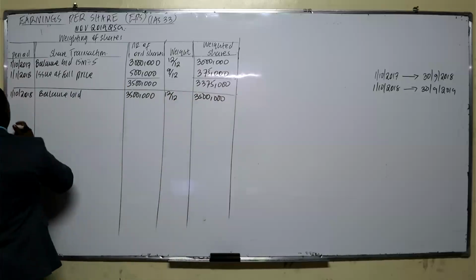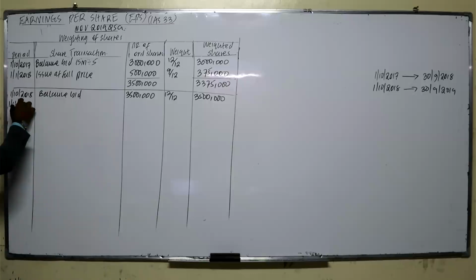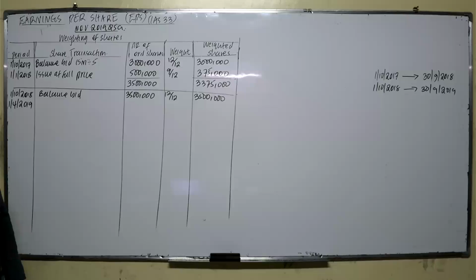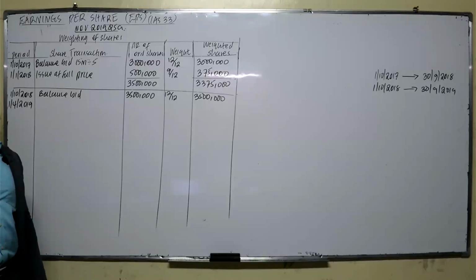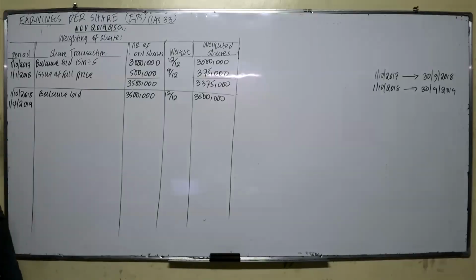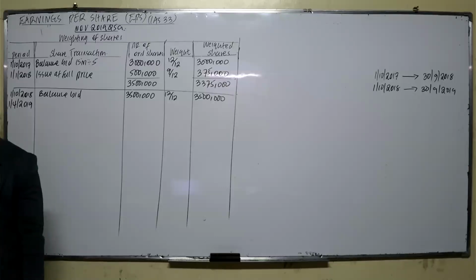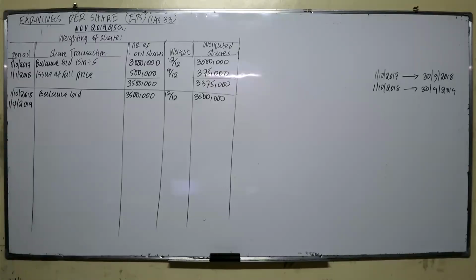Then you are told that on 1st of April 2019, how many months to the end of the year, to September? 6 or 5? Engage your fingers. 6. Yeah, it's 6 months.